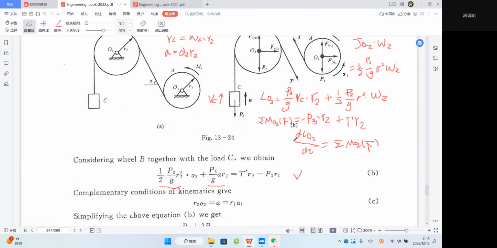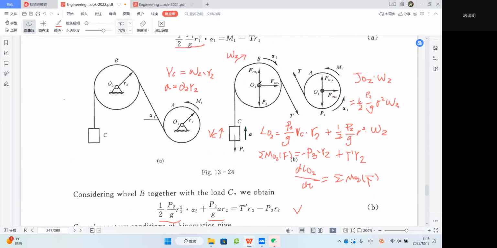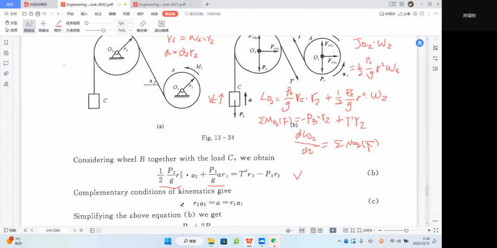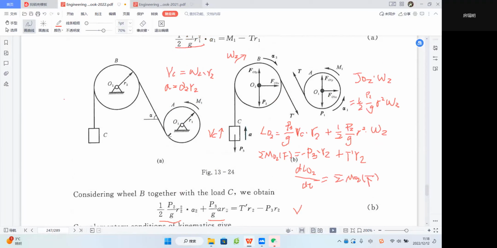Actually, we just use what we have learned, the principle of angular momentum about the fixed point O2, right? Today we are talking about the differential equations of plane motion rigid body or fixed rotation rigid body. This relationship: A equals R2 alpha 2, which also equals R1 alpha 1, because we can arbitrarily set points.